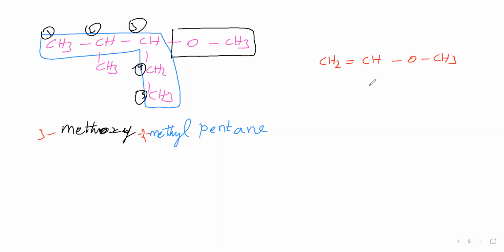So, this oxygen you give to the methyl group, then we will call it methoxy. Then here 2 carbon atoms are present, therefore eth. CC double bond means ene. So methoxyethene. Methoxyethene we can call. Now you say the name of this one.